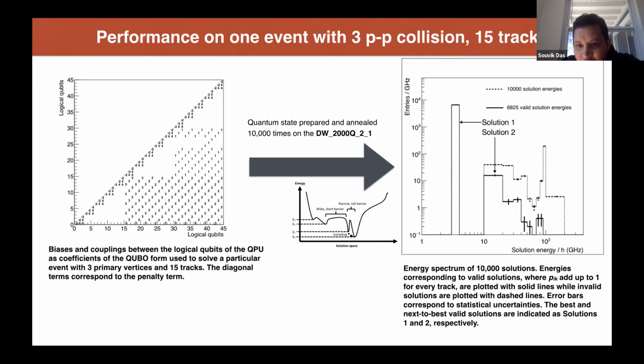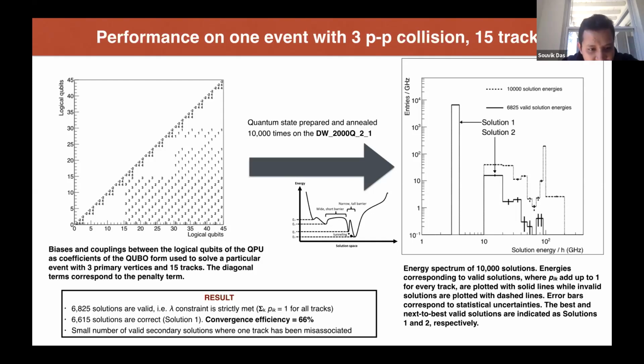Solution 1 is the ground state solution, occurring at around 1.5 divided by Planck gigahertz. That is the best possible solution, and then solution number 2 and so on are the next possible solutions. The solid lines are the valid energies where the lambda constraint is being respected, and there are some solutions in which the lambda constraint was not respected.